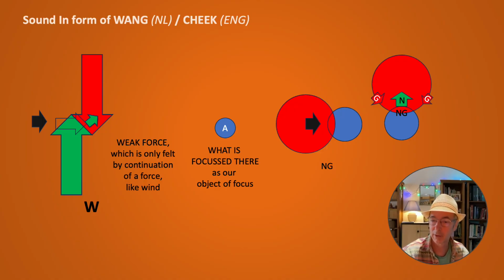When you really want to follow how it happens, the N is the force that takes out, the G is the force going in. So you have that part in the middle.